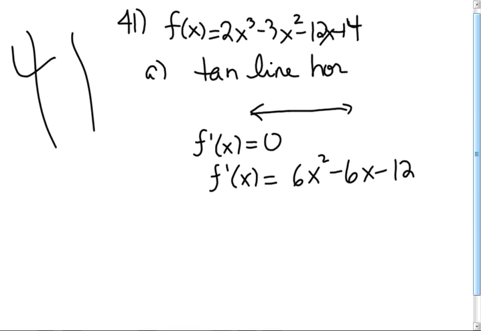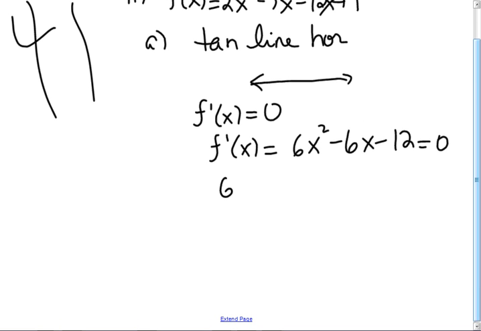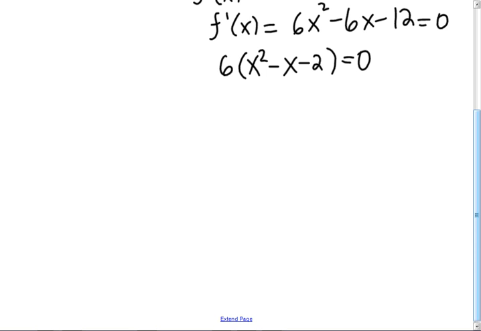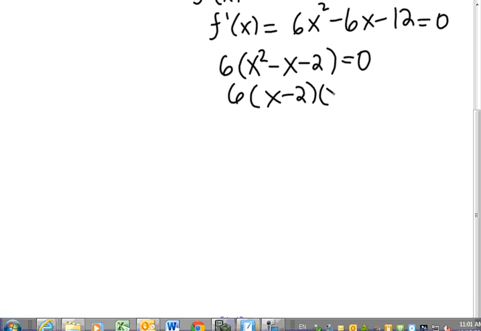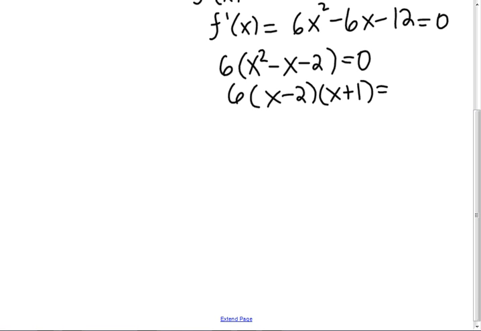Okay. Now I want where this is 0. I am going to factor out a 6 to make my life easier. Is that easier to factor? Oh, it's way easier. x minus 2. Now, if it doesn't factor, you know it's going to be the quadratic formula. So x is equal to 2 or negative 1. The tangent lines will be horizontal.